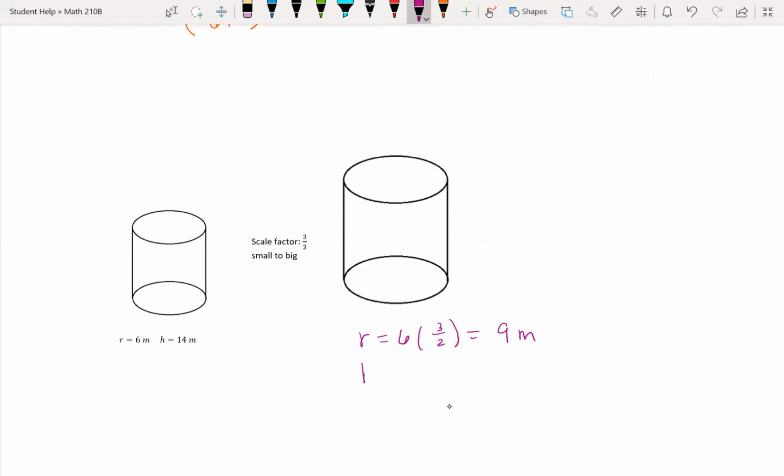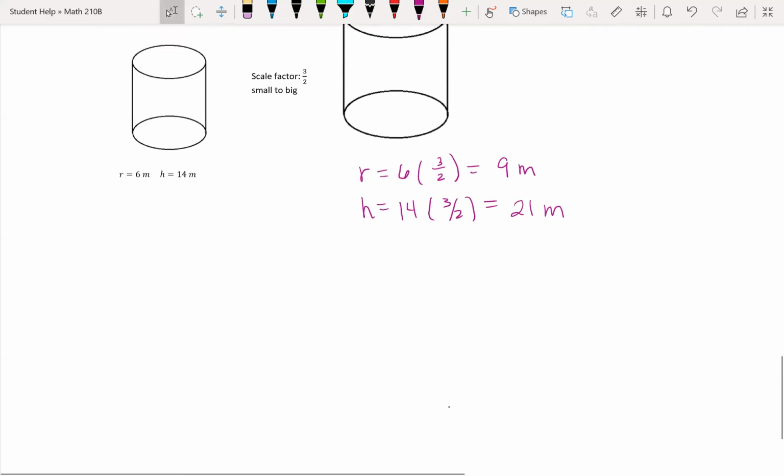And then the height will be 14 times 3/2, which is 21 meters.